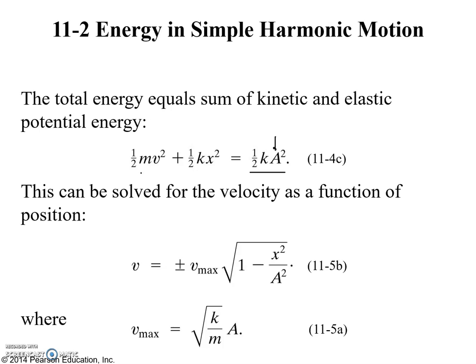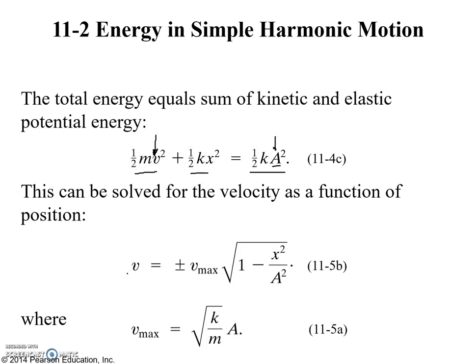So all we're saying here is that the sum of the kinetic energy and the potential energy is equal to the total energy, and the total energy is 1/2 k a squared. Okay, so if we take this as a given, and we wanted to solve for v, as I mentioned earlier, it can be difficult to calculate the energy in the system when the box is somewhere in between its resting point and extreme amplitude point, because we don't know what the velocity is.